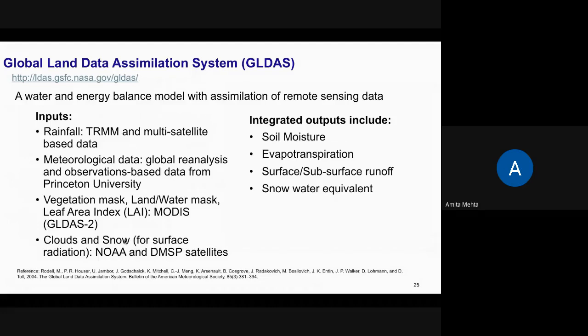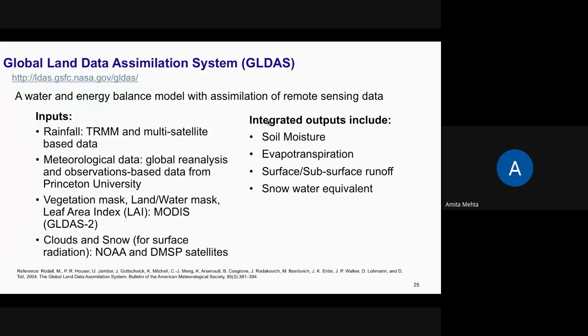Then GLDAS, which is a water and energy balance model, as I mentioned, assimilates remote sensing data, and is forced with TRMM data and now GPM also currently. Weather data are used from a variety of models. Vegetation information for the surface is used from MODIS, and cloud and snow information also from NOAA, and SSM/I, if you know, is the instrument used for that.